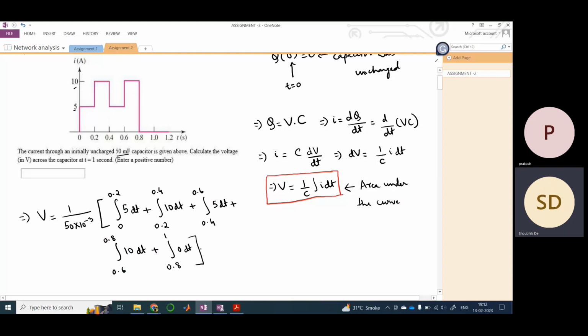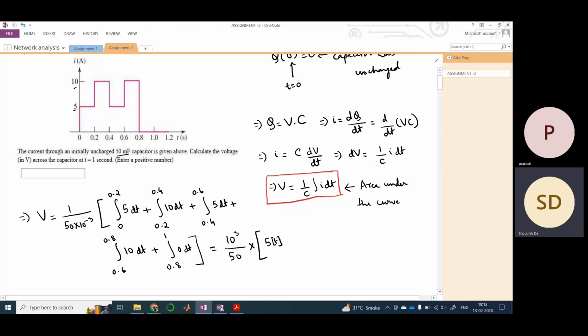We have been told to find the voltage at t equals 1, so you need to use this formula and find the voltage developed across the capacitor over this period of time. So the 10 to the power 3 would go up, and this is my 50. Then I just need to integrate it, a very simple integration.